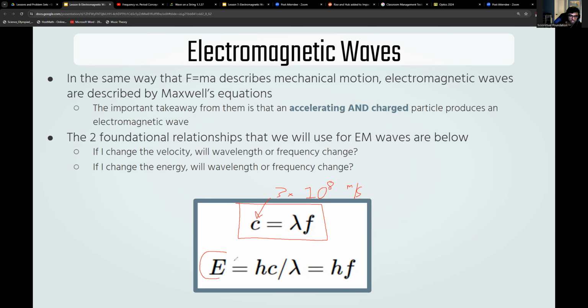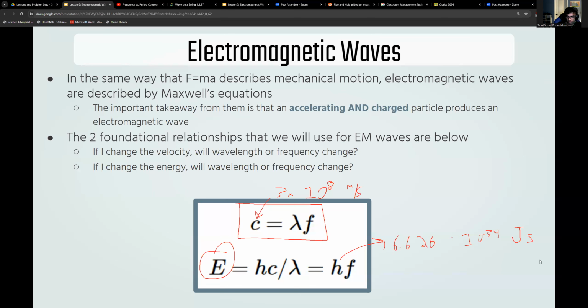And this is the energy of our wave, which equals Planck's constant, 6.626 times 10 to the negative 34 joule-seconds, times frequency. And that gives us the energy of our wave in joules.